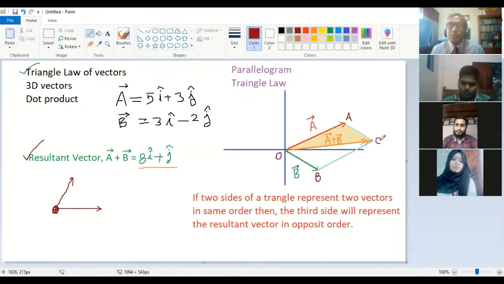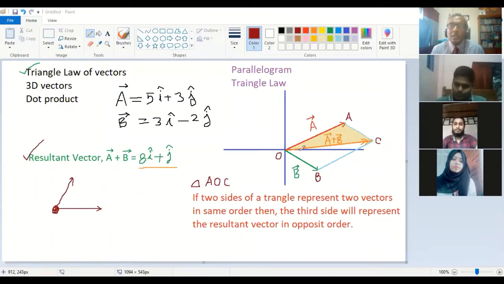Okay. So you have the triangle AOC. Now think about the triangle law. In the triangle AOC, there are two sides representing two vectors. What are the two sides representing two vectors?